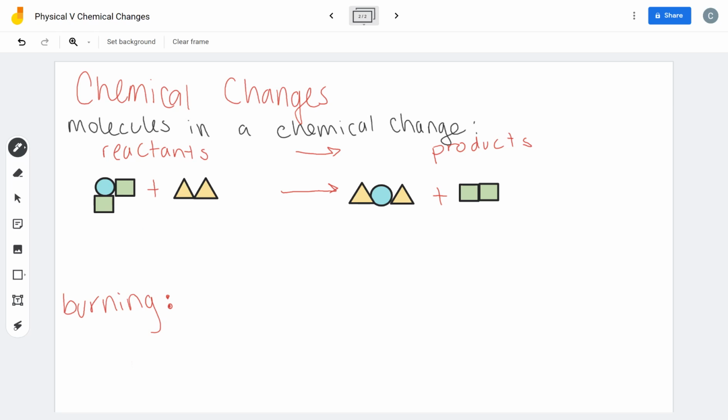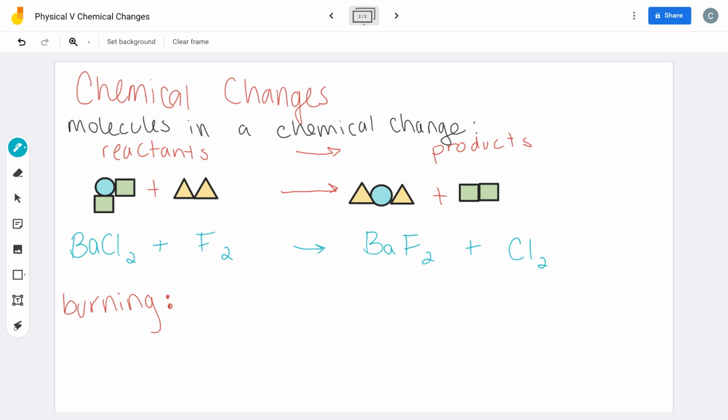And when I combine them, they chemically react to form two new molecules, one with a blue circle and two triangles, and then one that is just two green squares. So an example of this reaction that we've talked about in class could be if I had something like barium chloride reacting with fluorine gas, and that would make barium fluoride plus chlorine gas.